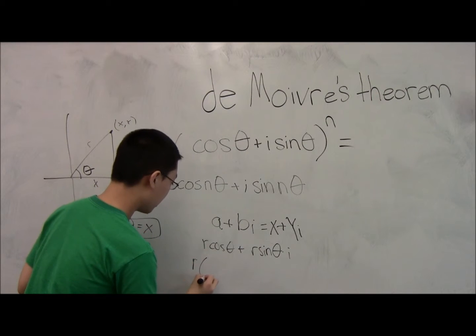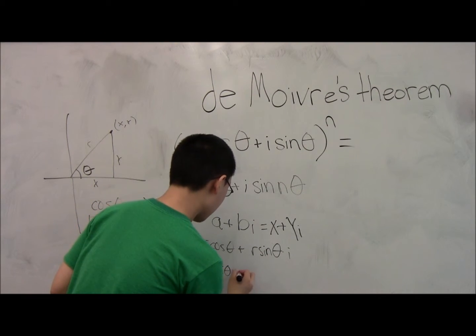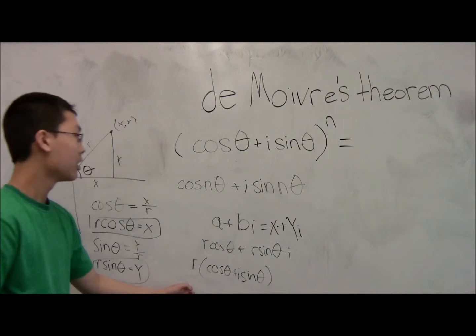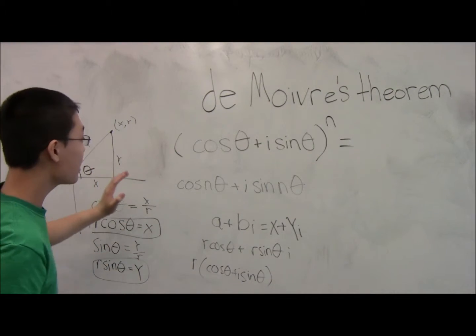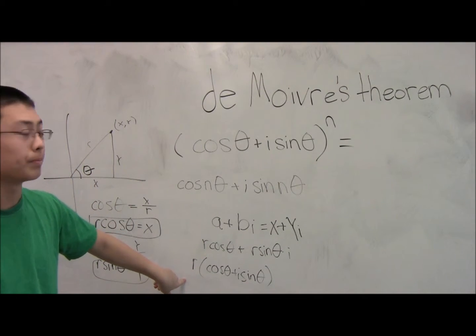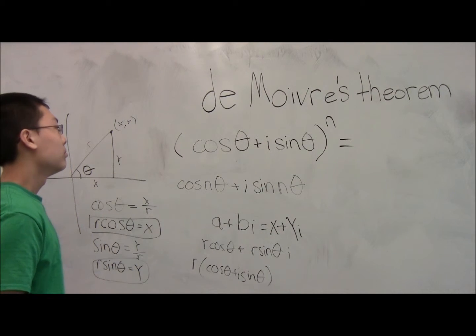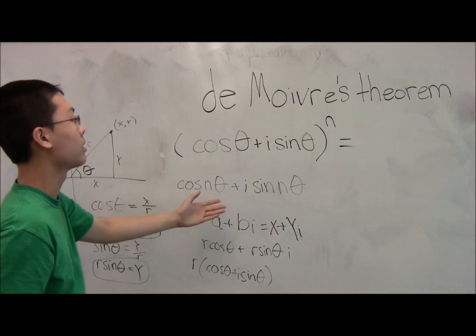We're going to get r times cosine of theta plus i sine of theta. So we've just proved that all complex numbers can be expressed in polar form. So now that we've done that, we know that we can use all complex numbers in de Moivre's theorem.